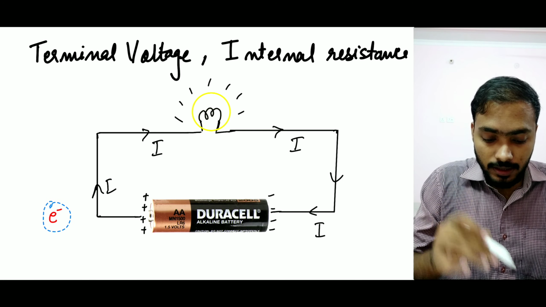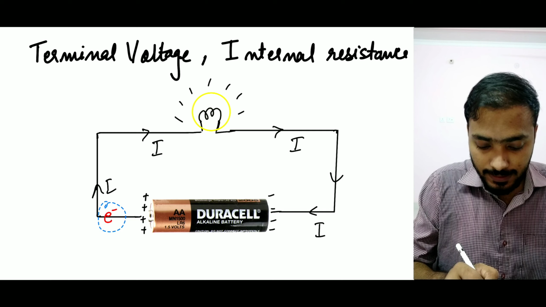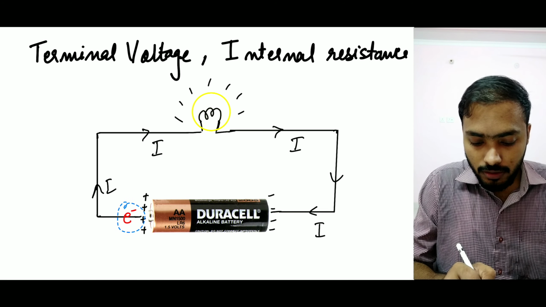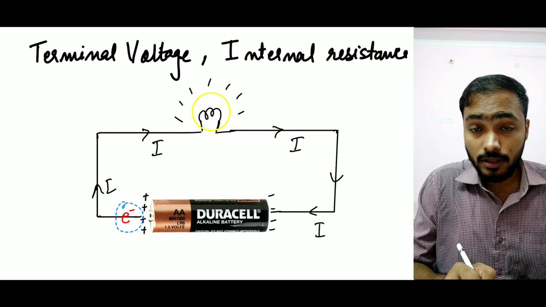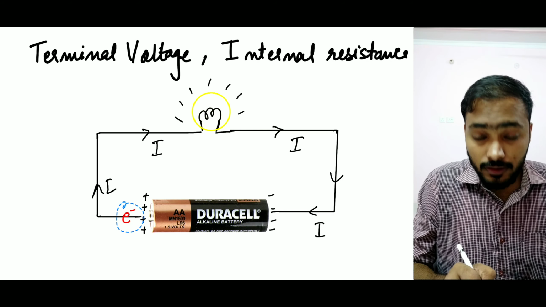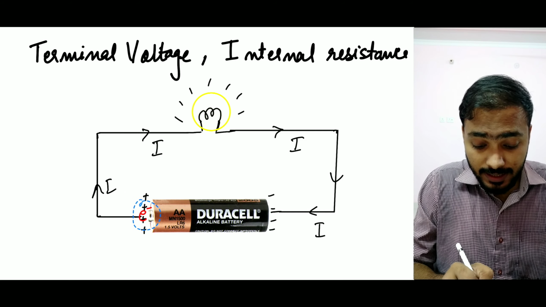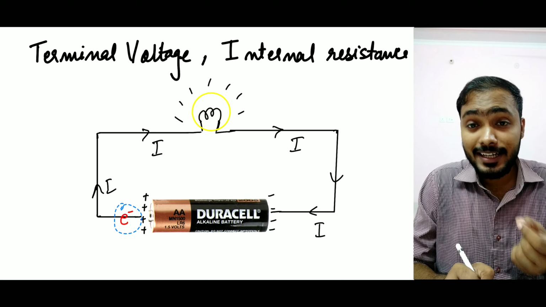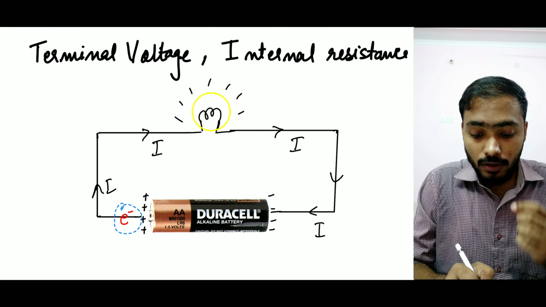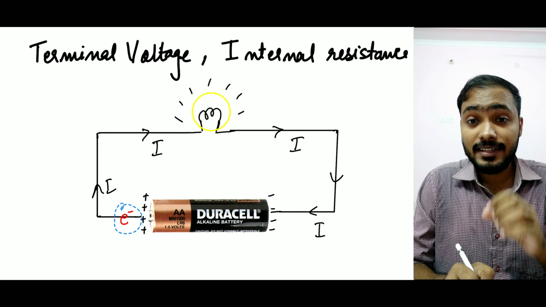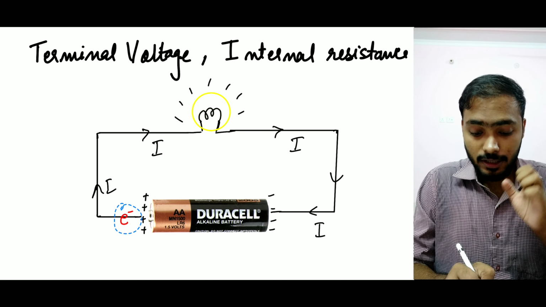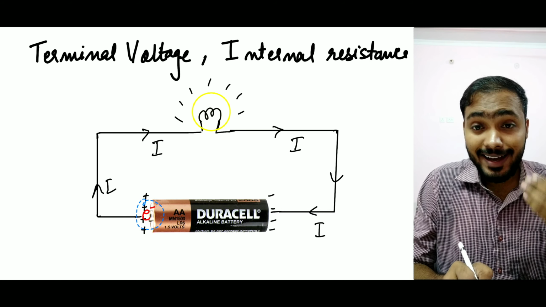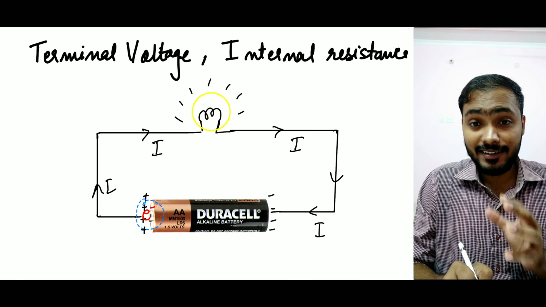Okay, now let's say the electron is here, and when it tries to reach the positive terminal, you have to understand, the electron being negatively charged is attracted towards this positive terminal. Now here's where your battery comes into action. What the battery does is it pushes your electron against the electrostatic attraction.